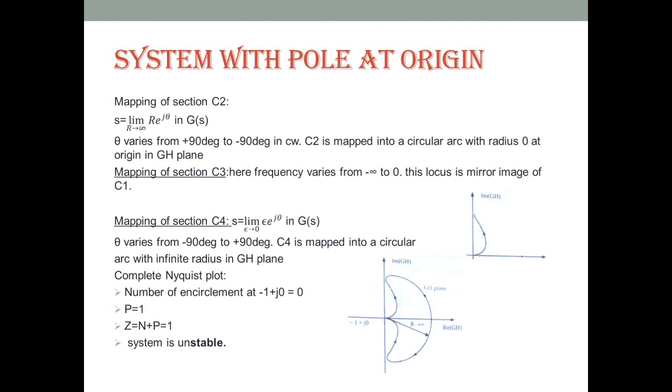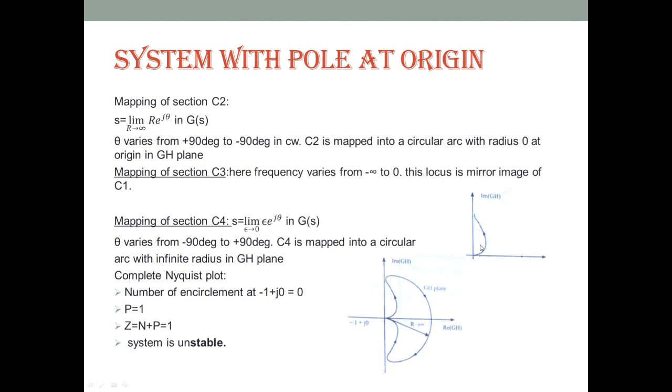Next is the mapping of section C3, where omega is varying from minus infinity to 0, and the locus is the mirror image of section C1. So this is just the mirror image of section C1, but the arrowhead is opposite.